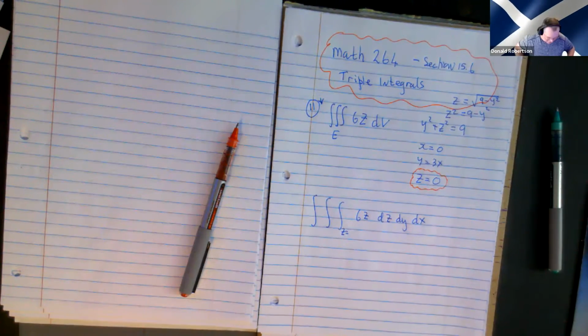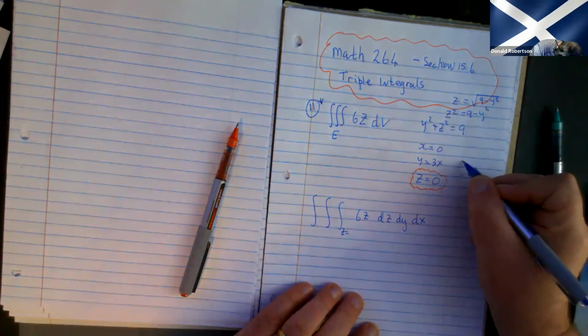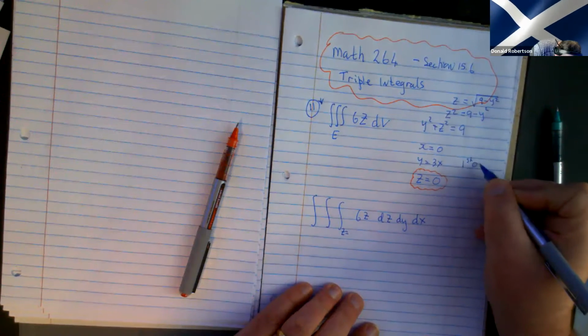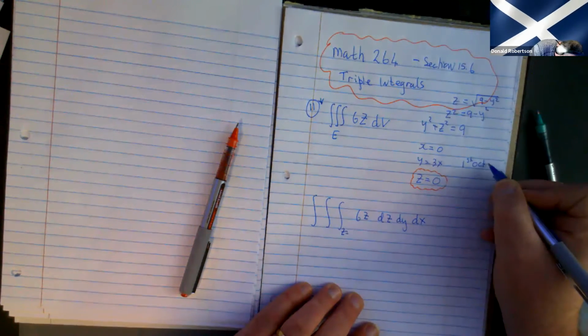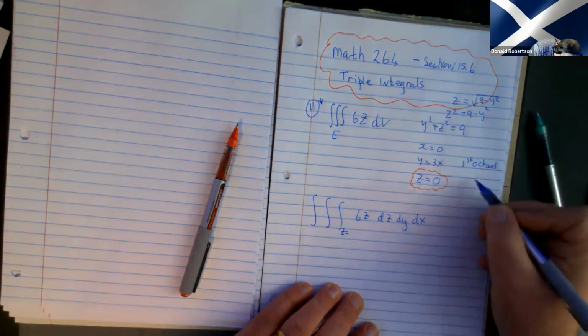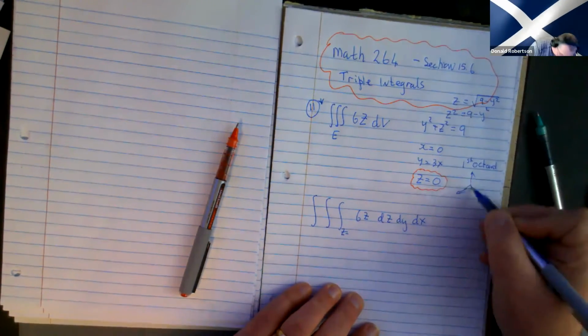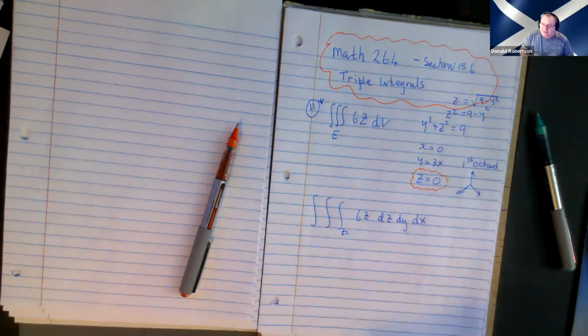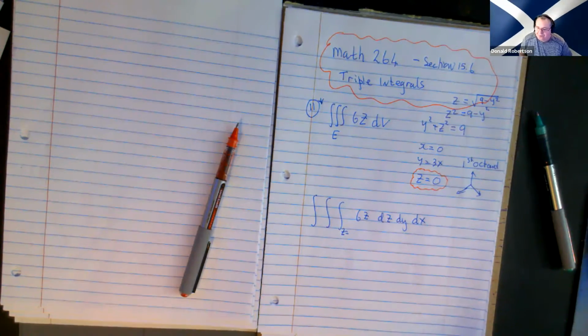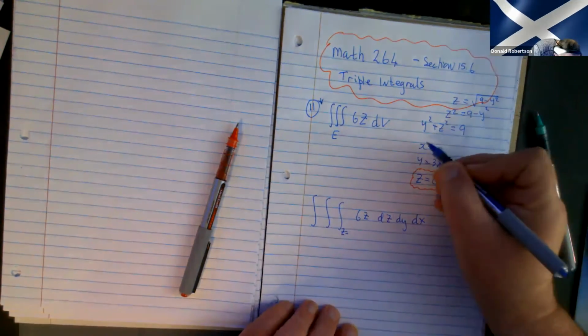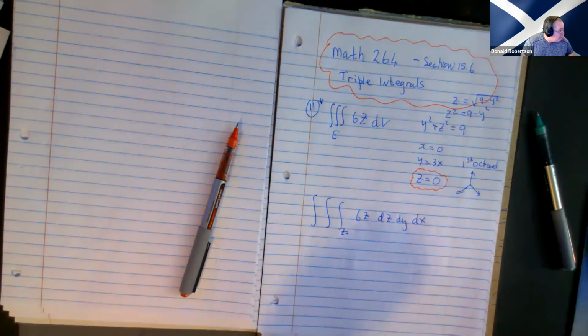But in this case, they told me one other piece of information, and that is that the whole region is in the first octant. And the first octant is this region in here. That basically means everybody is positive. So y is also positive, right?